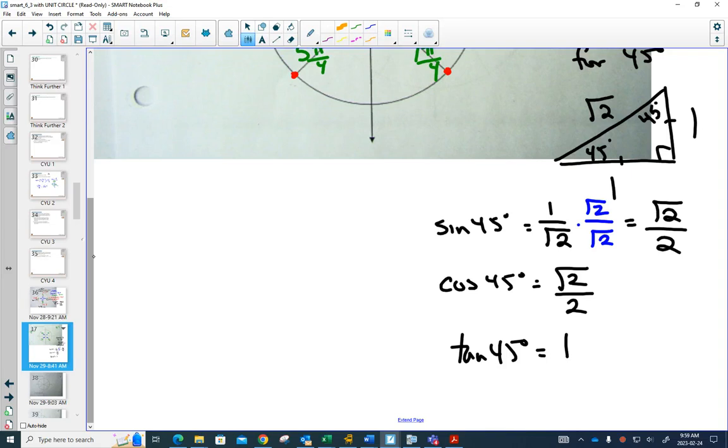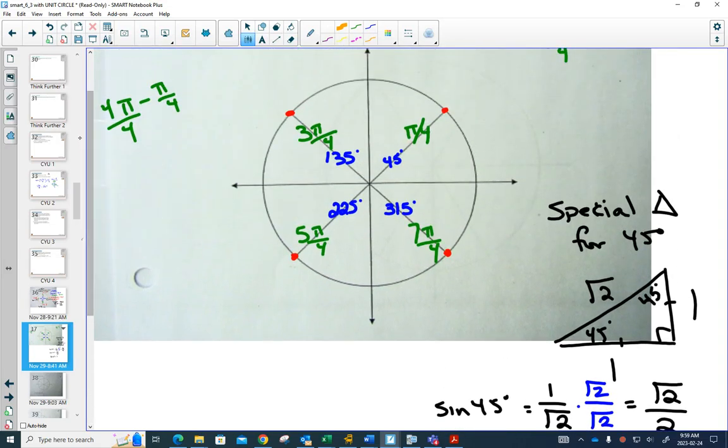Now what this triangle lets us do is go back to our coordinates, and since the x-coordinate is cos and the y-coordinate is sine, those will both be root 2 over 2, root 2 over 2.